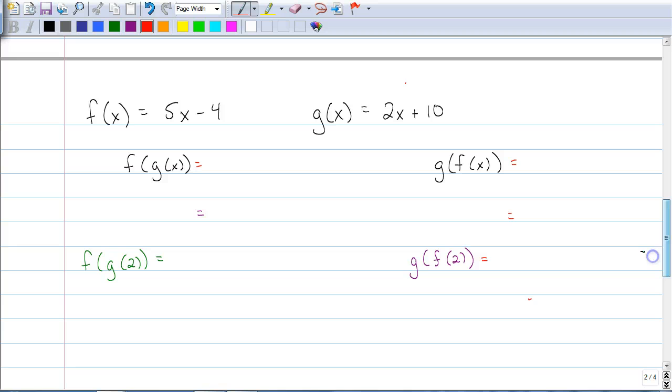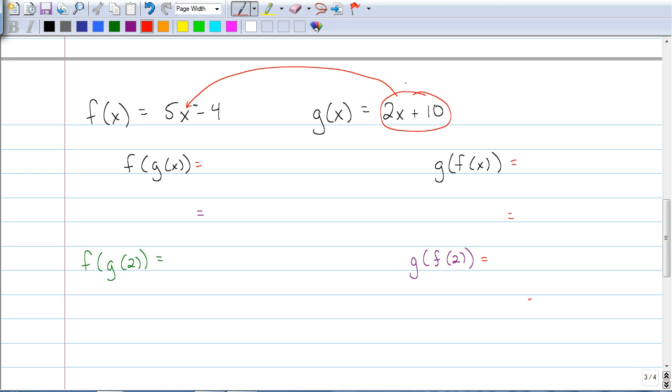Let's look at another example. Let's say this time 5x minus 4 is my function for f, and my function for g is 2x plus 10. Well, if I'm asked to find f following g of x, again, I'm going to take function g and put it inside of function f. So I'm going to take my function g, which is 2x plus 10, and put it inside of function f.